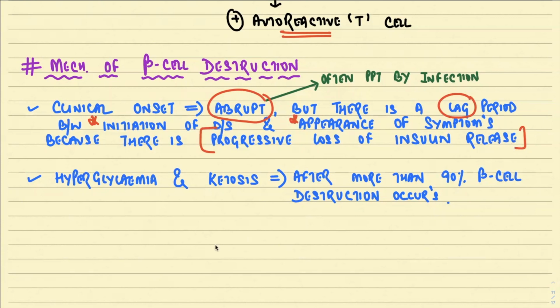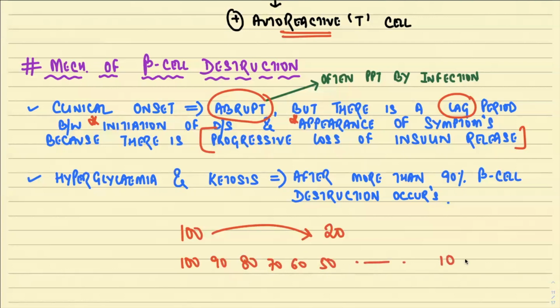It is not like the insulin level on day 1 was 100 and suddenly on day 2 came down to 20. No, there is a gradual decrease in the insulin level from 100, 90, 70, 60, 50 like this, and ultimately it becomes 10 and 0, and then the patient has signs and symptoms.